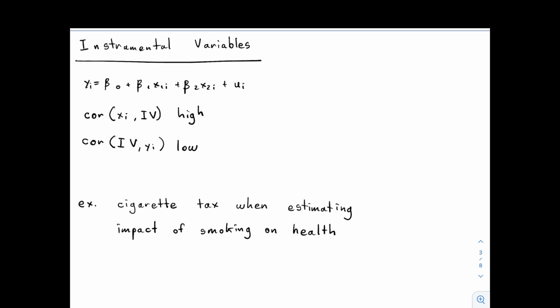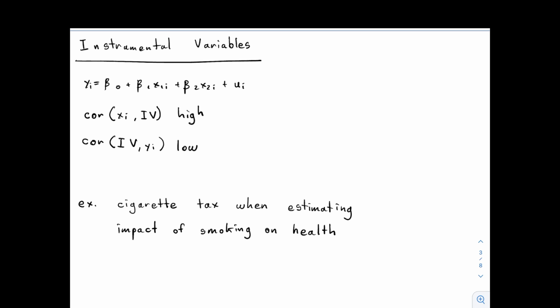And so if you were trying to model that scenario where the variable that you're trying to predict, your y variable, is health outcomes, and one of your x variables is smoking, you might want to use cigarette taxes as an instrumental variable, right?